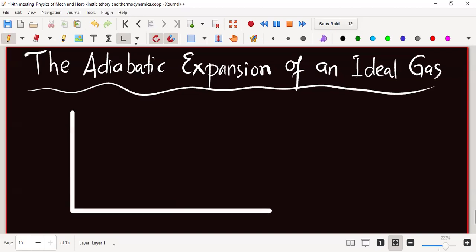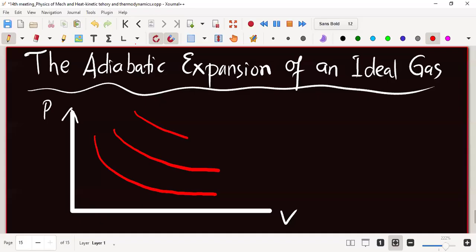This one is pressure, and this one is volume. So remember before we had isothermal, right? Isothermal condition or isotherms. The isotherm is like this. This one is the curve for the isotherm condition.